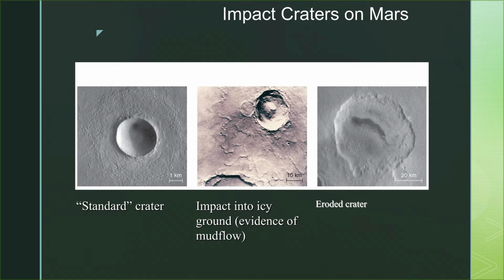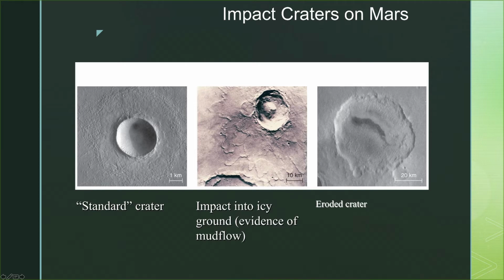And there are different kinds of craters, and they tell you a lot about what kind of surface the object impacted into. So, for instance, here's a standard crater on the moon, and you can see it's very symmetric, like a bowl shape, right? But if you look over here, here is an impact into icy ground on Mars, and you can see there's kind of a mud buildup here.